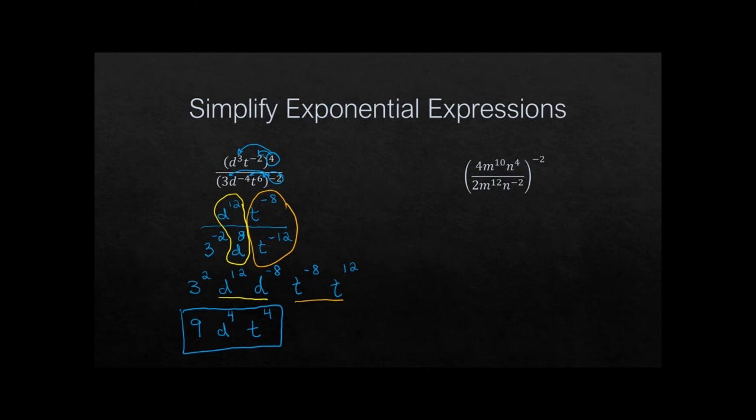Okay, I have a quick question again. Yes. Because see, I'm asking questions after questions. Oh, this is good. I love it when people ask questions. Okay, so you had the d to the 12 and the d to the negative 8. And when you brought it down to the answer, d to the 4th, is it because the 12 was a positive? Because we have 12 plus negative 8.